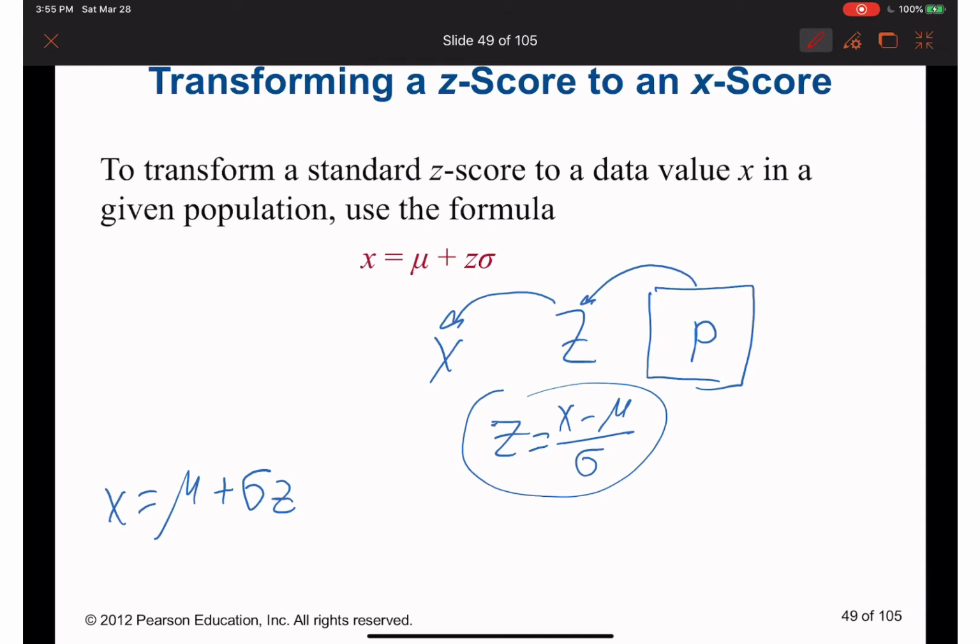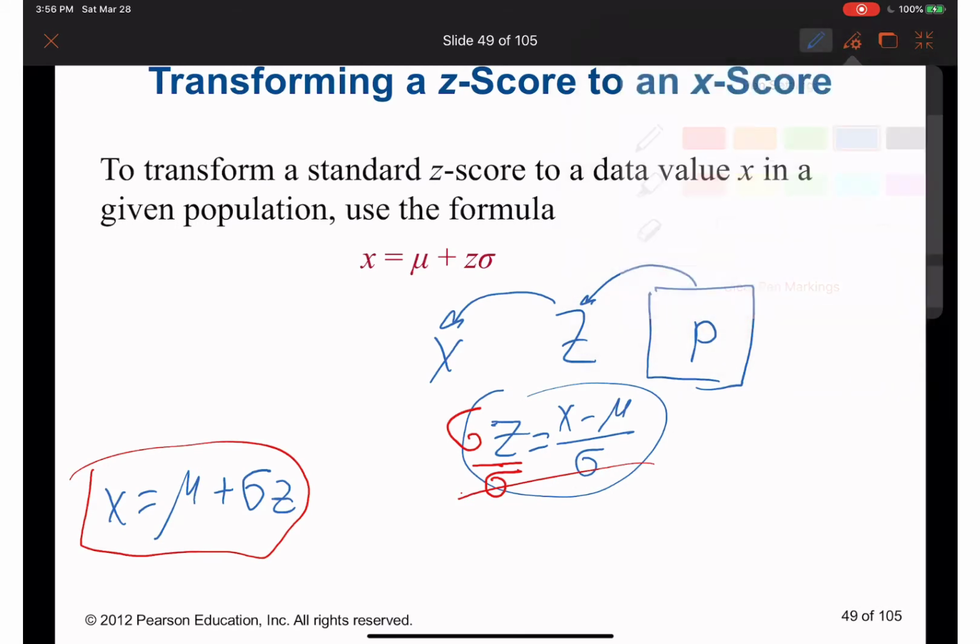Okay, so let me explain why x is equal to mu plus sigma z. First of all, here we're going back to algebra. We have an equation. To solve a rational equation, we need to bring it to a common denominator. The denominator here is sigma, so on this end also divide by sigma and multiply by sigma. Once the denominator is the same, I can drop it. Whoever is not interested in this algebra part, you can move ahead.